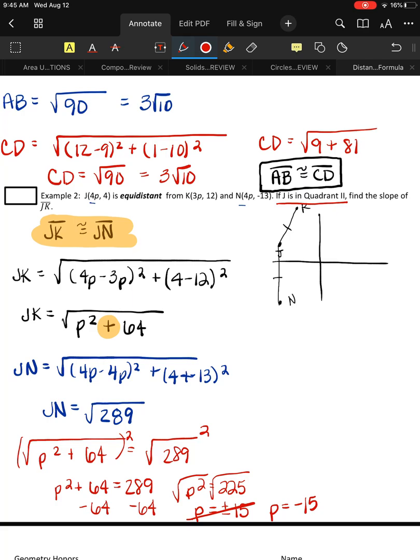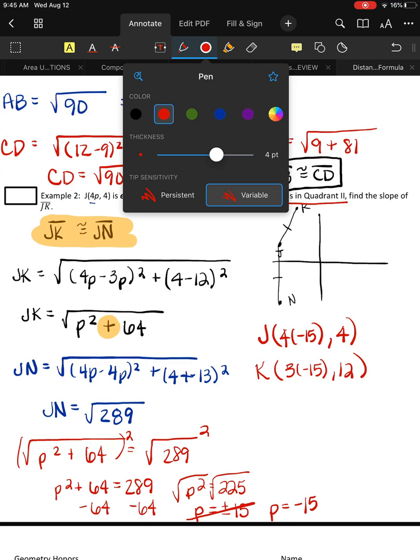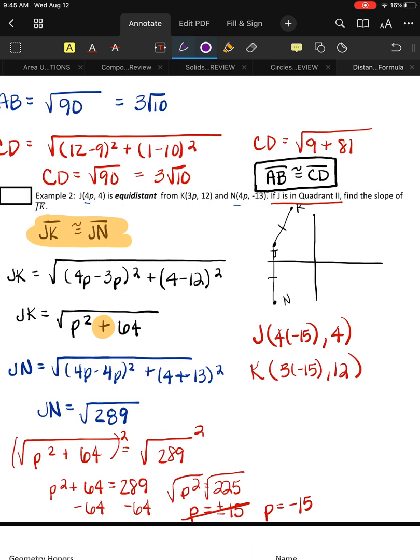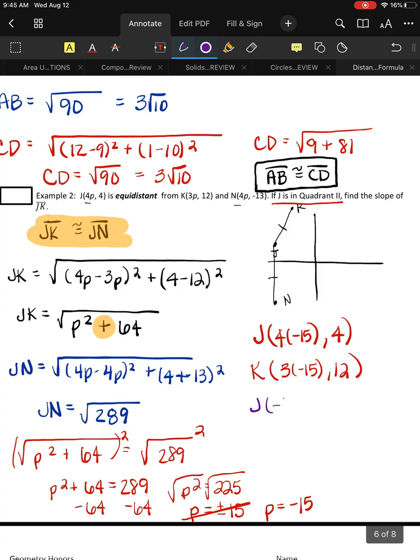If we plug in negative 15, now our coordinates for J are (4 times negative 15, 4), and our coordinate for K, because we want to find the slope of JK, is (3 times negative 15, 12). So J is at (-60, 4) and K is at (-45, 12).